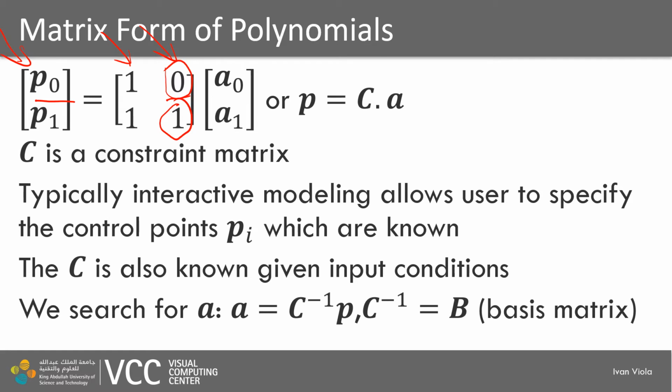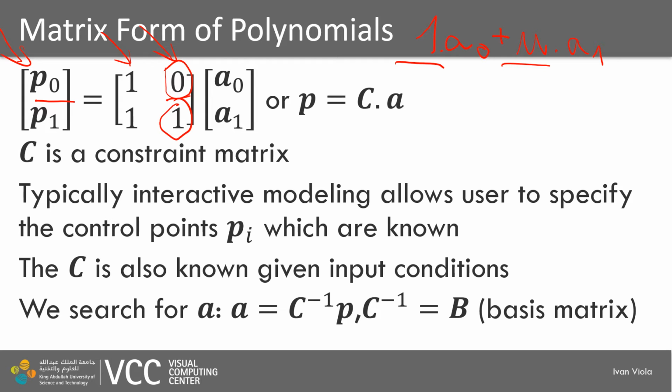So once again, we have this A0 plus u A1, and I will write it as 1 times A0 plus u A1, and that leads to writing these values into the corresponding rows of this matrix.